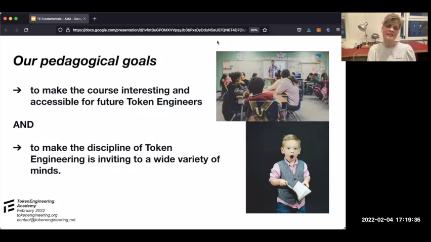So TE Fundamentals is not only made for engineers or for crypto experts. We expect and would love to see people from many backgrounds, because crypto economic systems is not only about computer science and the code. There are so many social aspects.